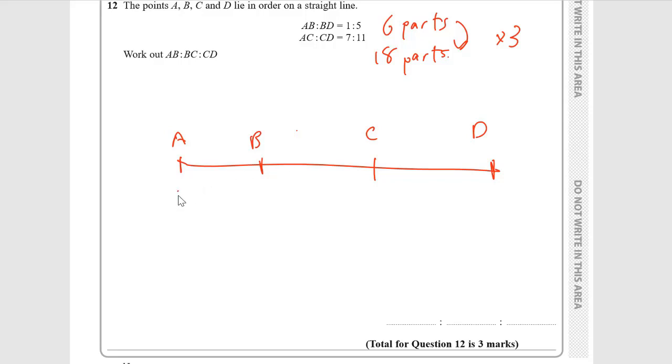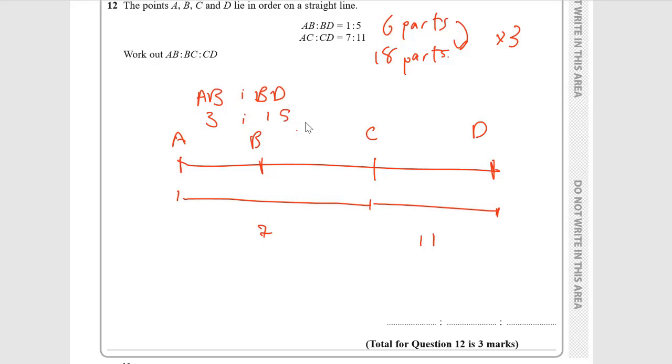To have an equivalence, we say from A to C and then C to D. So let's just write this out. So that's 7, and then here is 11, and then we have A to B, and then B to D is going to be 15.